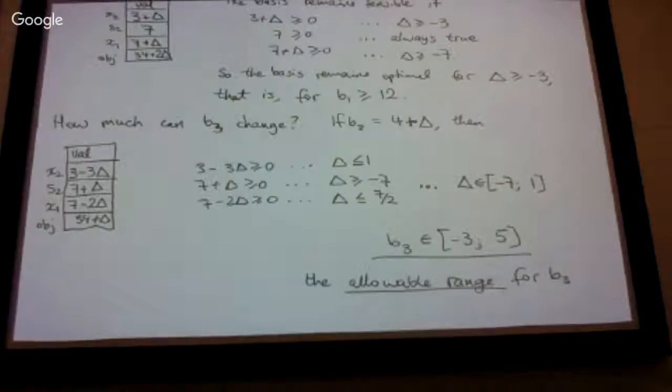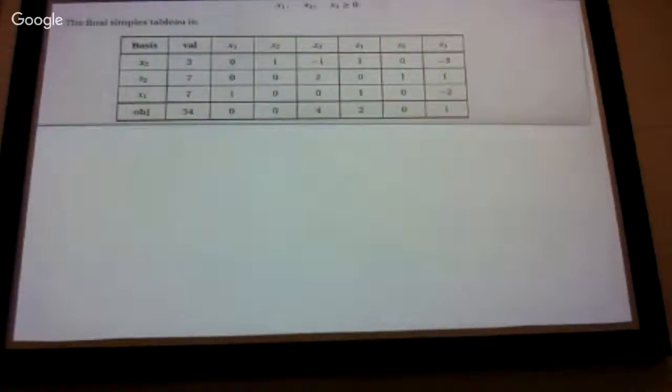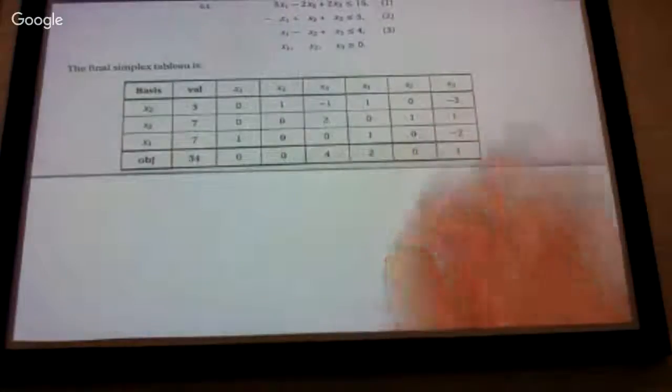So that's the question: how much can we change the amount of resources available, or something like that, because that is changing the right-hand sides. But we have a similar question we can have for changing the objective function coefficients.